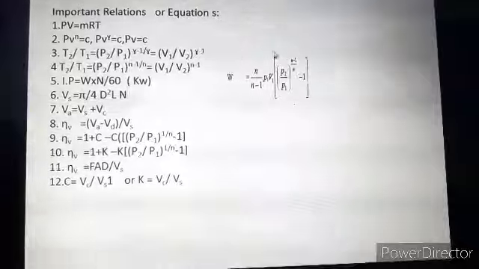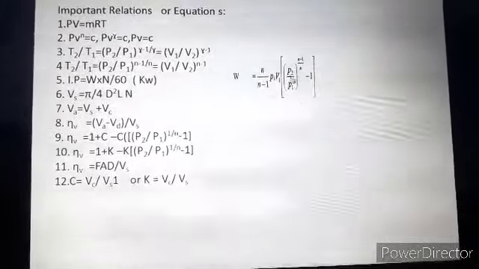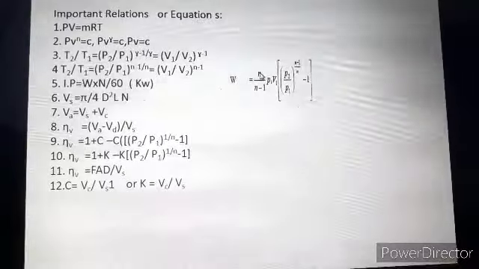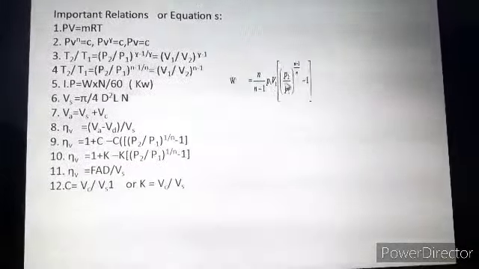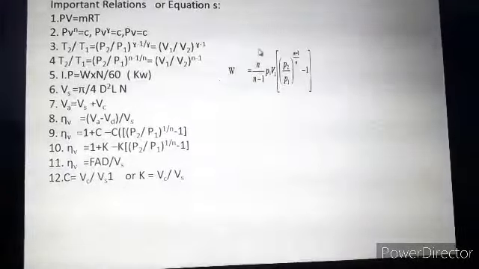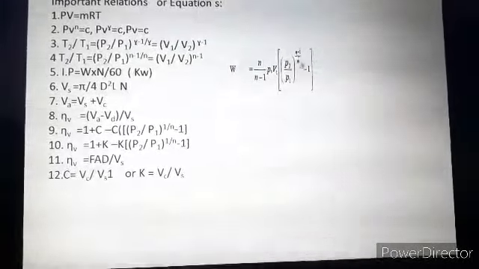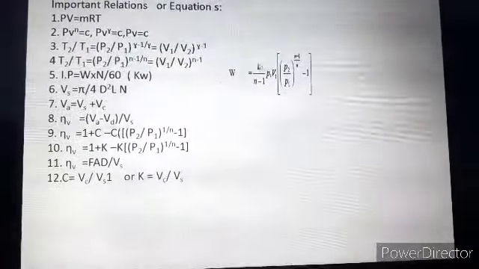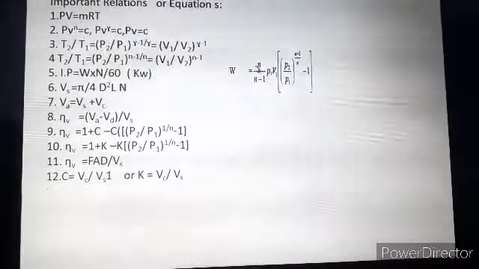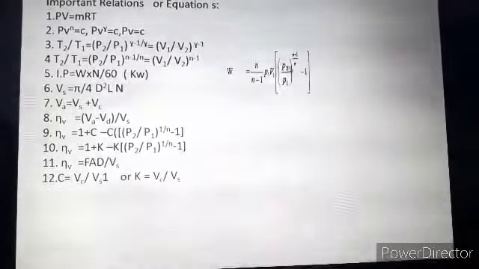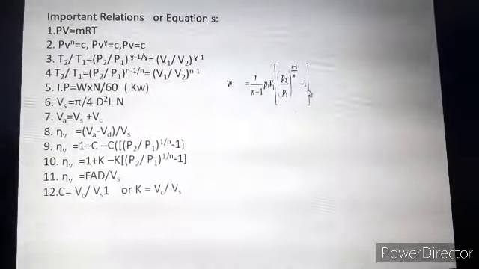Then this is the expression for indicated work for a compressor without clearance: W = n/(n-1) P1 V1 [(P2/P1)^((n-1)/n) - 1]. If we take adiabatic compression, we replace n by gamma, so the expression becomes gamma/(gamma-1) P1 V1 [(P2/P1)^((gamma-1)/gamma) - 1].